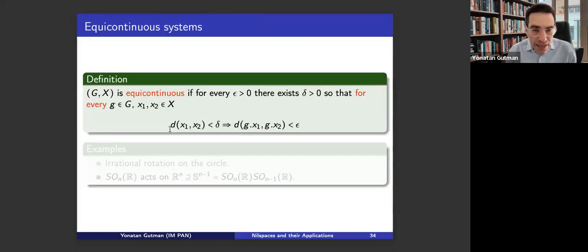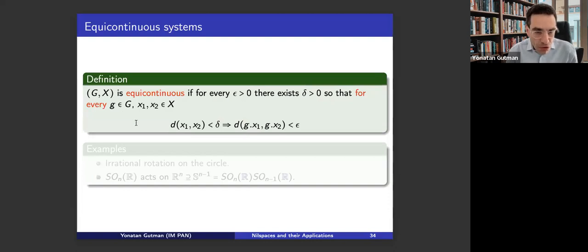And this is in the context of structure theorems in topological dynamics, which has a long history. I will not go into the history, but maybe the best example is the structure of equicontinuous systems.